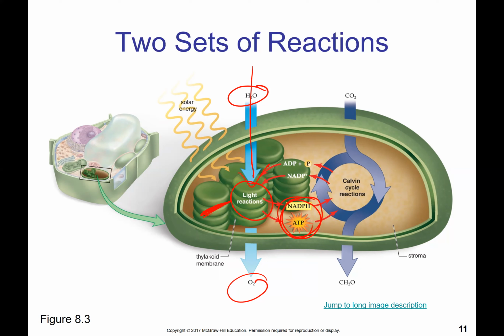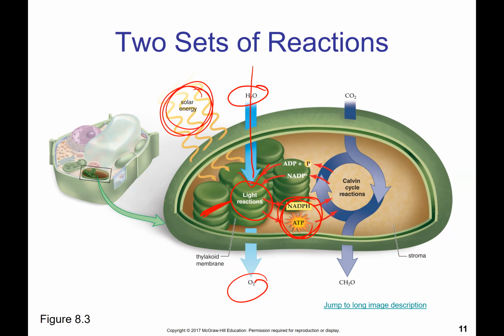In cell respiration, we had NADH. In photosynthesis, we're going to have NADPH. I like to think of the P standing for photosynthesis. It doesn't. It stands for phosphate, but that's just an easy way to remember that NADPH is in photosynthesis. And the light reactions, again, we're also going to have solar energy or light energy.